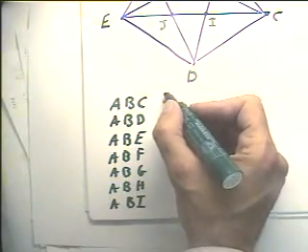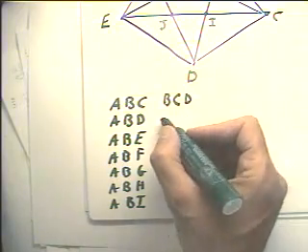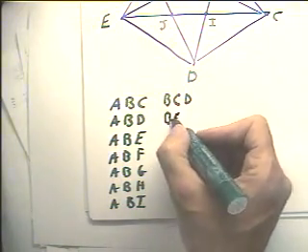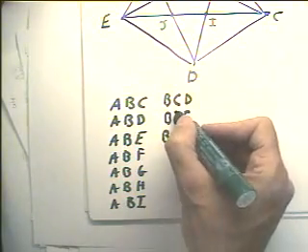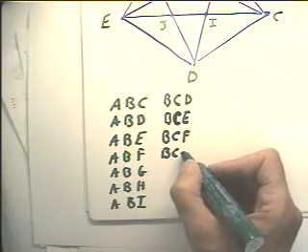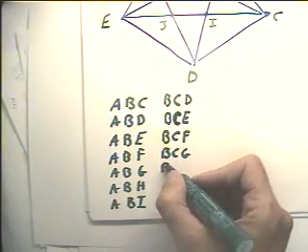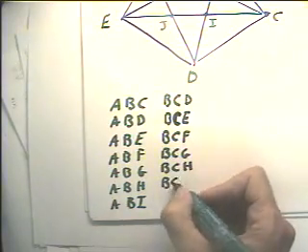Now, we can then list B, C, D, B, C, E, B, C, F, B, C, G, B, C, H, and B, C, I.